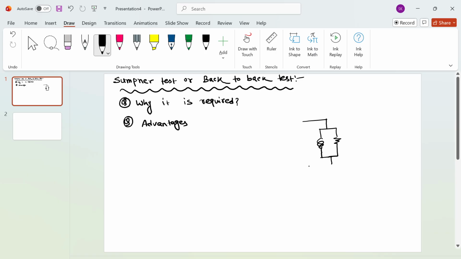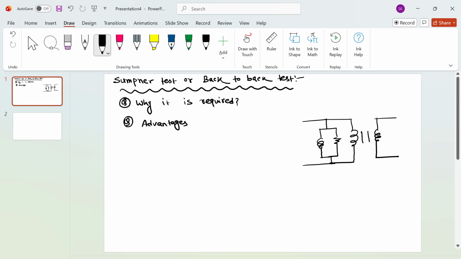The power loss we get from the open circuit test represents the core loss happening in the core of the magnetic material. This is about the open circuit test.